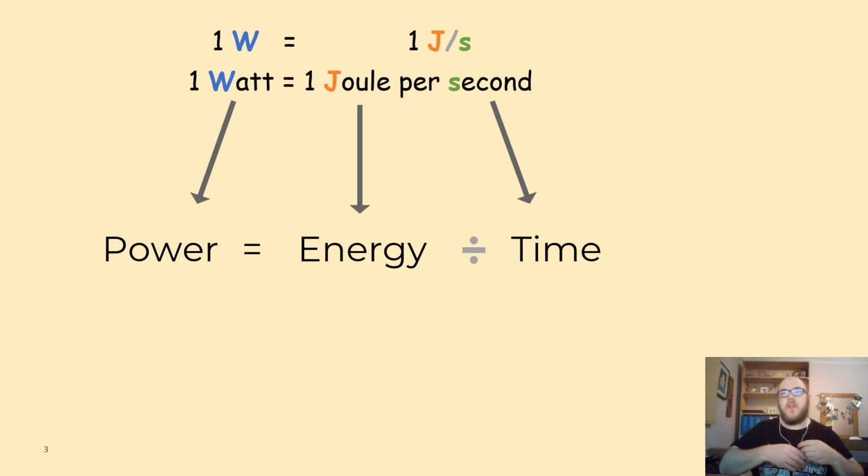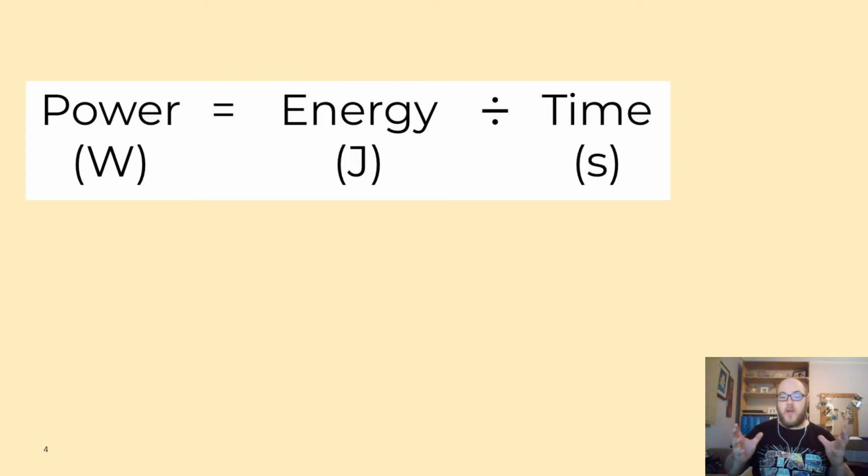And if you look at, I don't know, 20 seconds of a light bulb being turned on, you can work out how much power is being used by that light bulb. So our equation then is power in watts is equal to energy in joules divided by time in seconds.